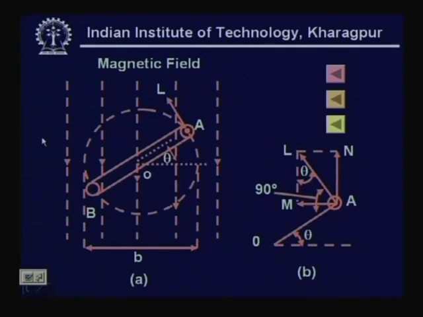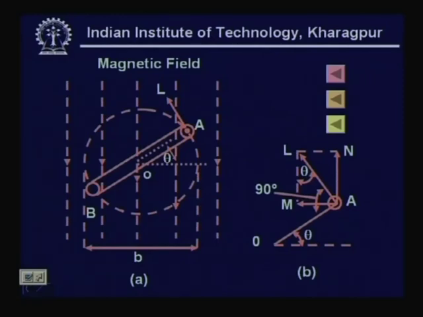The hatch lines show the flux lines due to the north-south magnetic field, and AB is the coil loop which is being rotated, and at a particular point theta away from the horizontal, we find the velocity is directed towards AL, which can be resolved into perpendicular and horizontal components in terms of AM and AN.